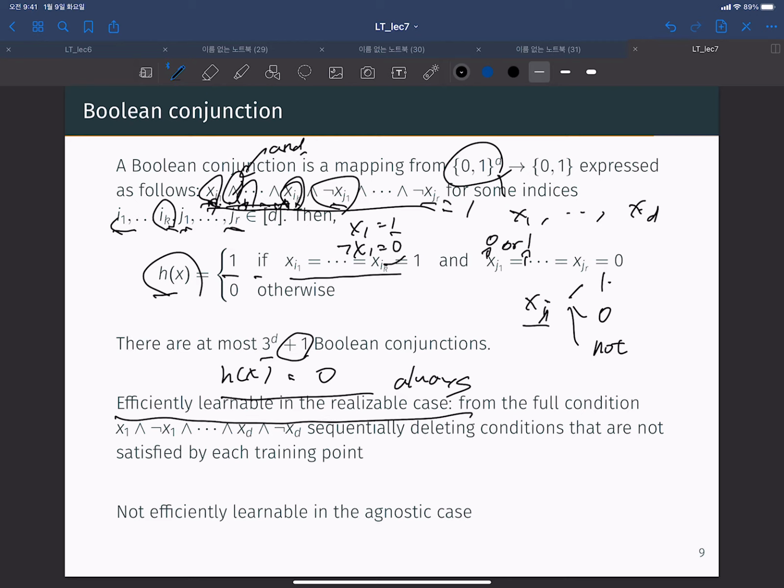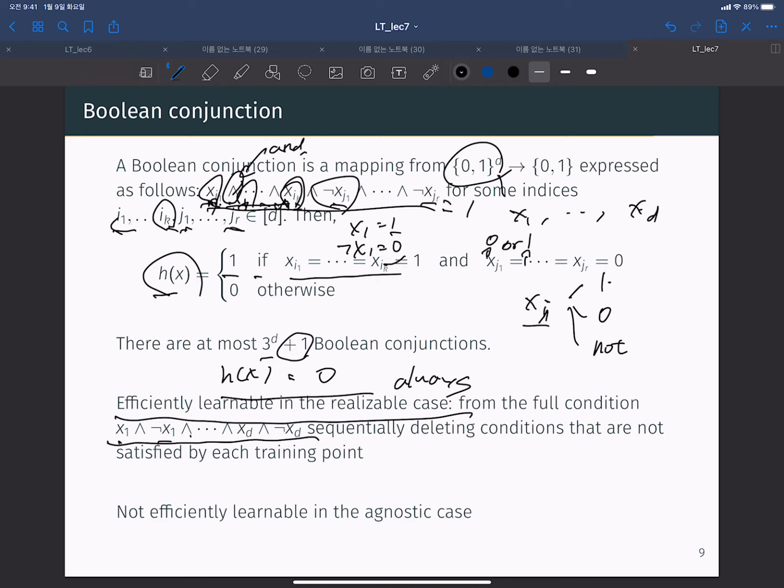This is a property of this Boolean conjunction. When there exists a true hypothesis h(x) that satisfies all the training data points, then from the full condition, we just write down all the x1, not x1, x2, not x2, and so on, and sequentially delete conditions that are not satisfied by each training data point.